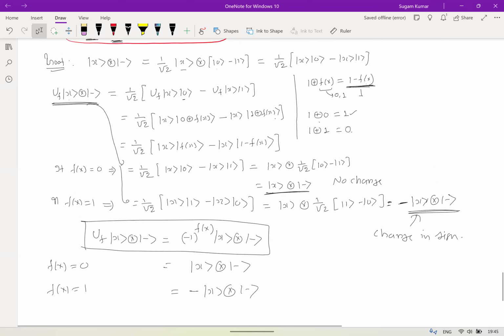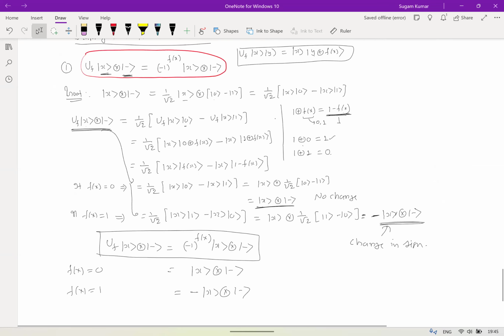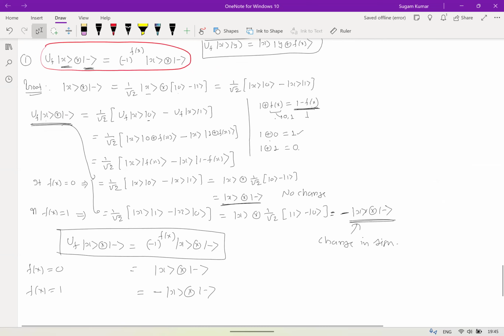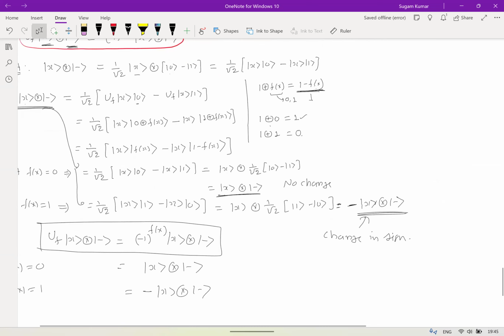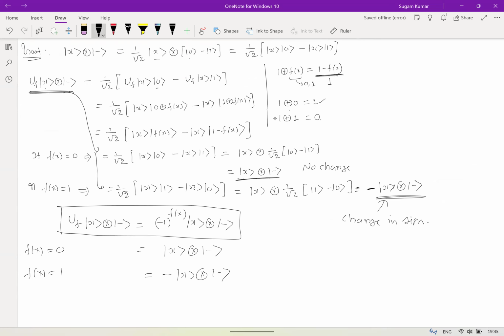I'm just doing some mathematical manipulation. I'm trying to give one simple mathematical equation. Now look at, from here, what are you getting?